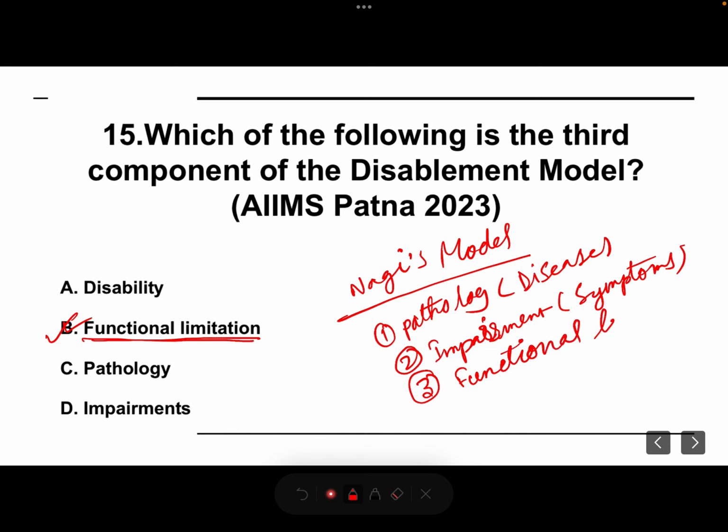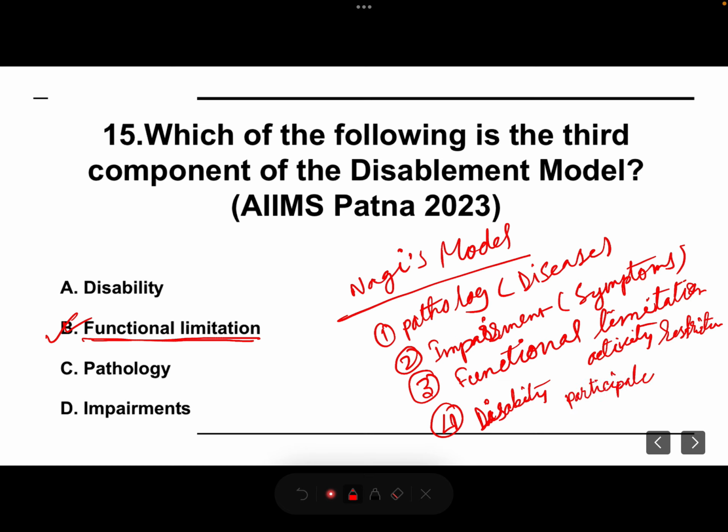Three is functional limitation, or you can say activity restriction. Option 4 is disability or participation.